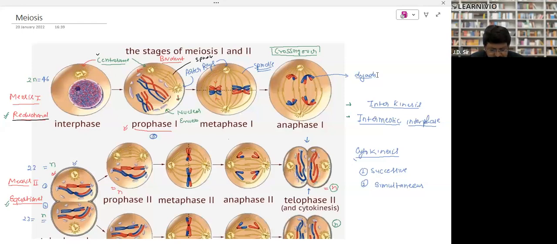In metaphase 1, the bivalent chromosomes arrange themselves on the equator of the bipolar spindle.